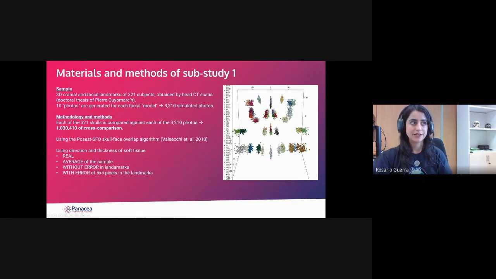By creating a dispersion of 5 by 5 pixels in each of the landmarks, we can replicate the error or dispersion that an anthropologist or forensic expert would have in the imprecision when placing the landmarks manually. And this equals, well, I didn't mention before, but the comparison of the 321 3D models with the photographs equals over 1 million comparisons.